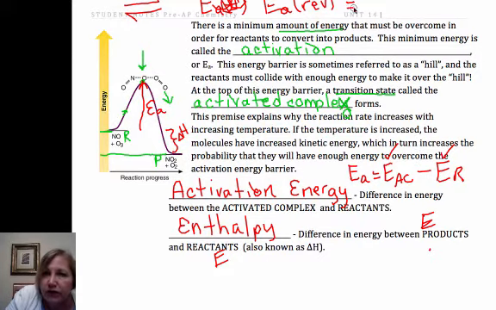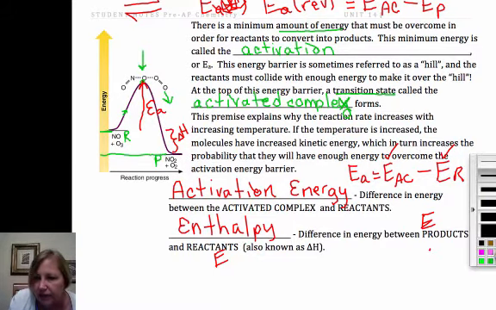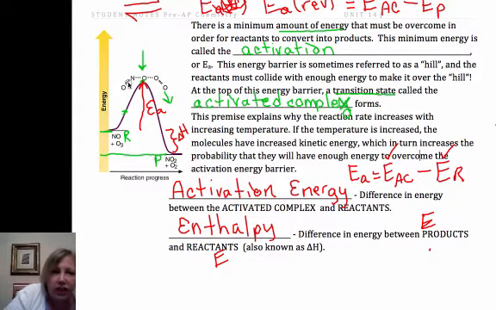If it's reversible, we take the energy of the activated complex minus the energy of the product. So let me get a different color to draw that. From here down to here would be the reverse activation energy.